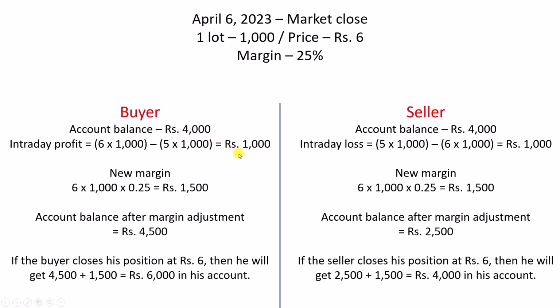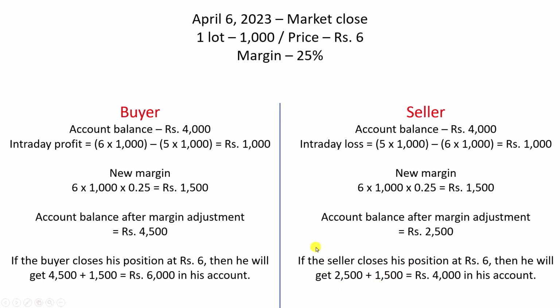The seller may think that, oh, I'm in 1000 rupees loss, so I do not want to come out of this loss now. So let me hold it for one more day and see if the price goes down. And both do not close their position at 6 and hold it for the next day.